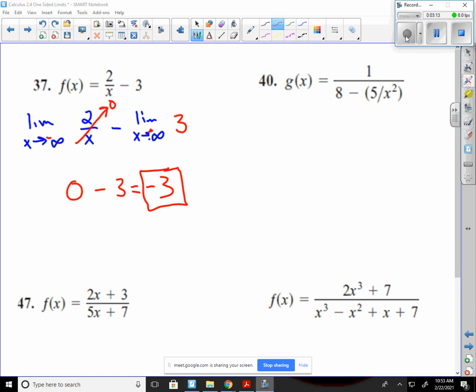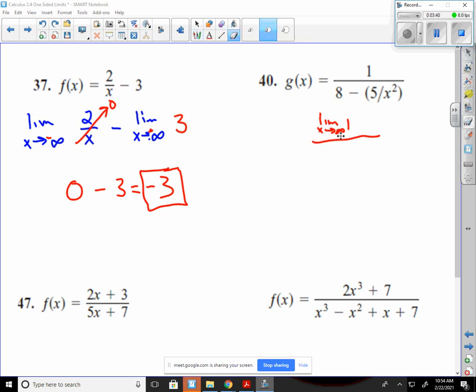All right. For this next one, number 40, let's look at the limit as x approaches infinity. So again, I can break this up. Here I can take the limit as x approaches infinity of 1, which we all know at this point has no x in it, so that's not going to change.